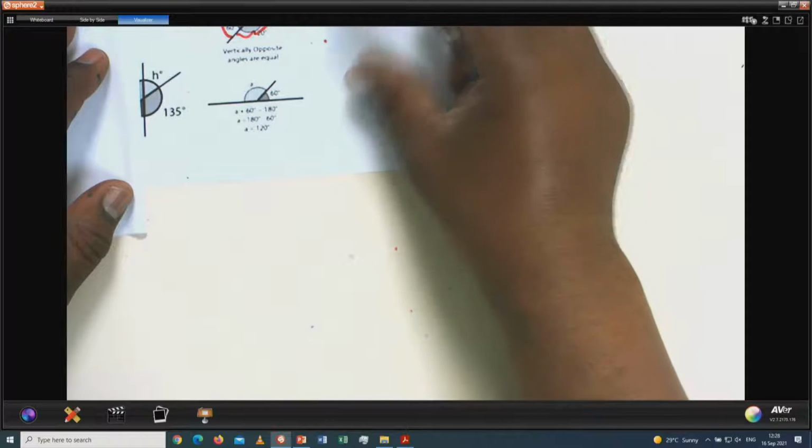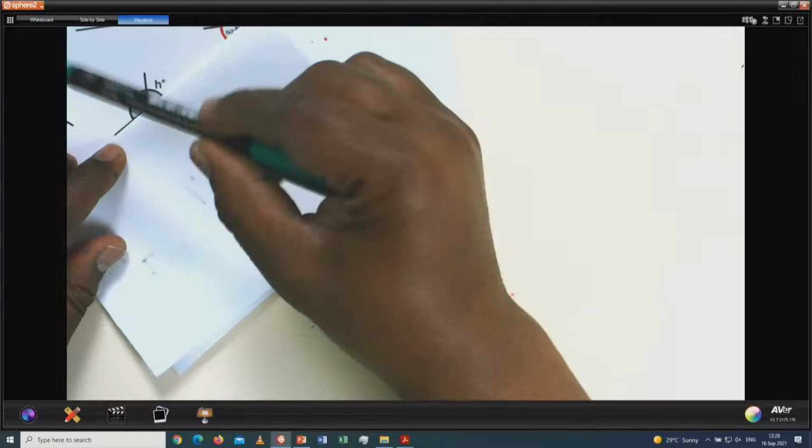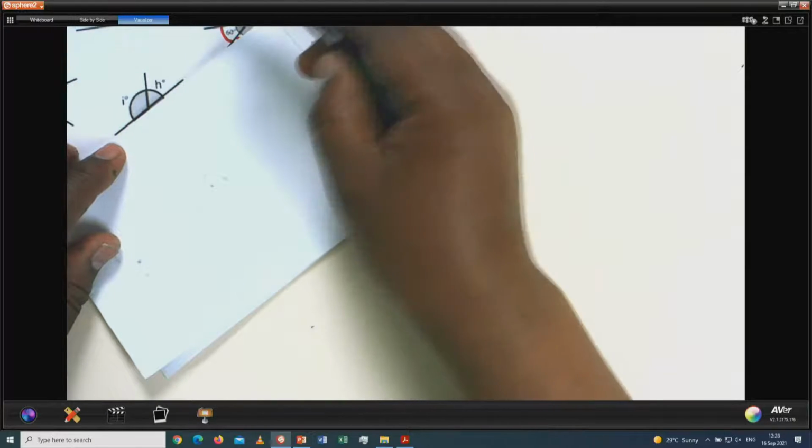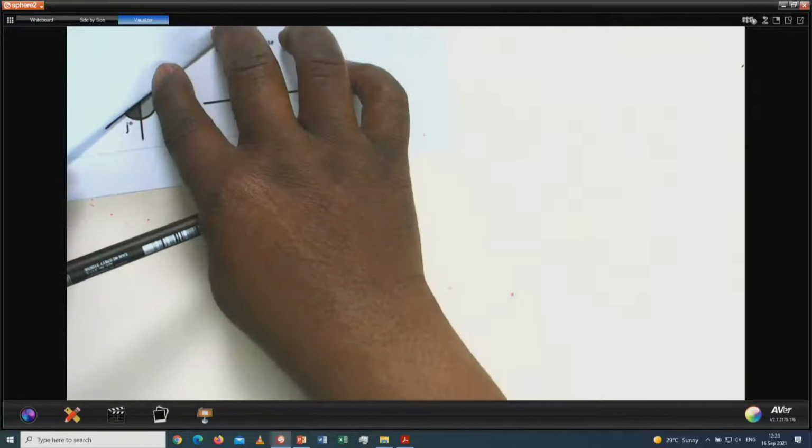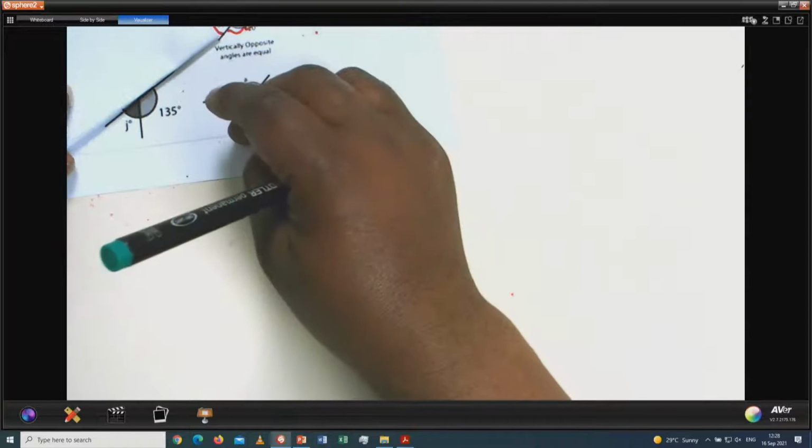Straight line. Then you can find out your H there. H and I, you've got 2 that you don't know, so it's going to be difficult. I and J, the 2 that you don't know, is going to be difficult. J and 135 degrees, yes, you can deal with it.